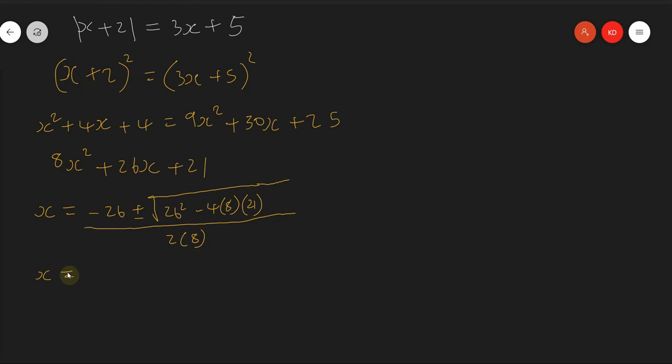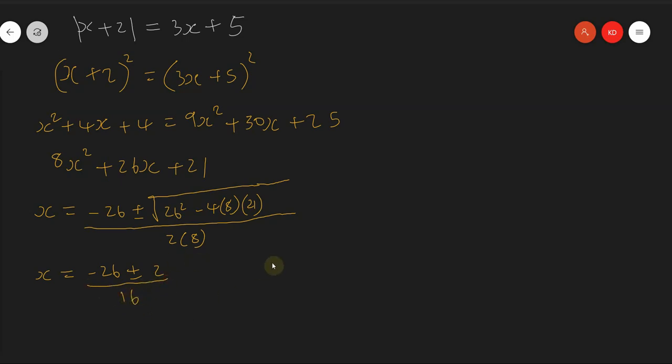Okay, so we have the square root of 26 squared minus 4 times 8 times 21, and that's 2 actually, so that's negative 26 plus or minus 2 all over 16.